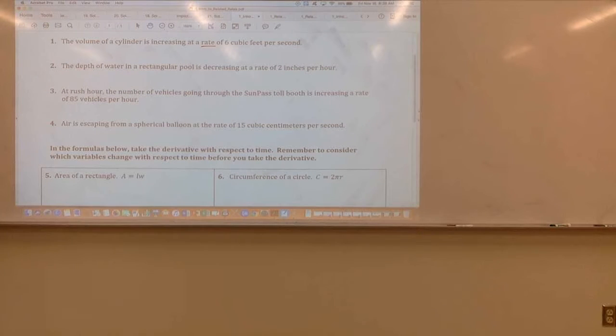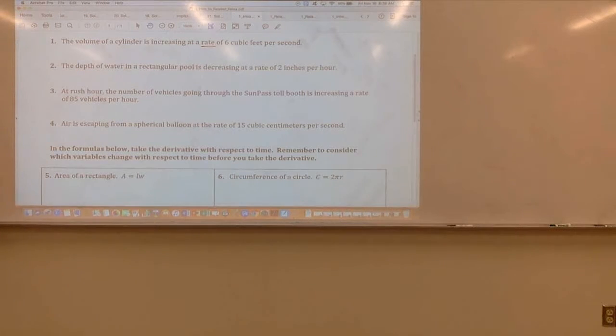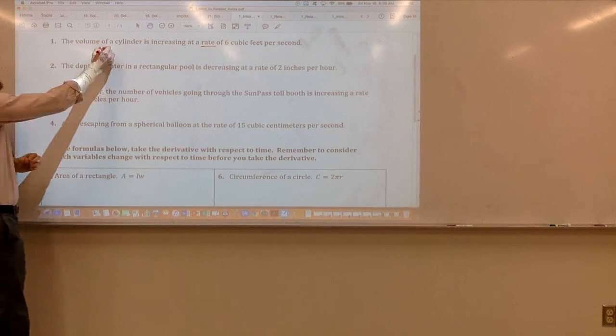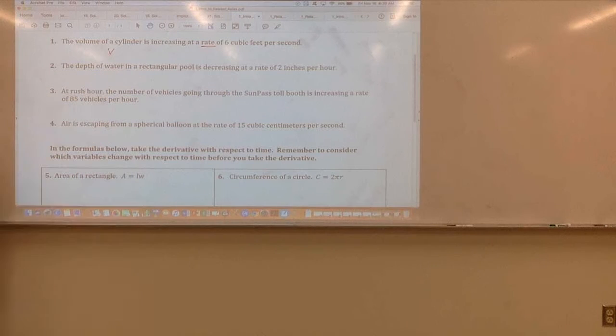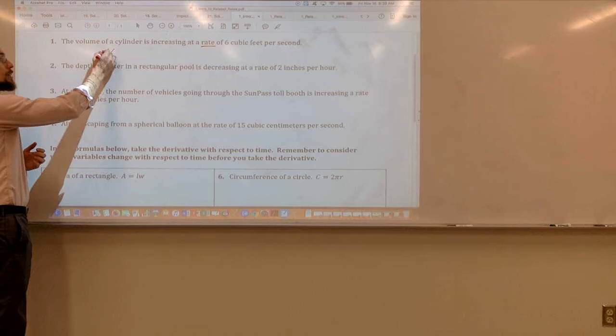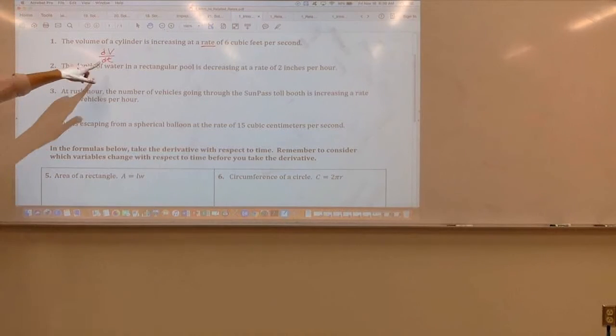Okay? Rate means derivative. So our notation for this first one, if it says the volume of a cylinder is increasing at a rate of 6 cubic feet per second, I'm going to say that my volume is my original function. Well, if I take the rate of change of the volume, I'm going to express it like this. Everything that we do in this section is going to be with respect to time. So that's where this t comes from.